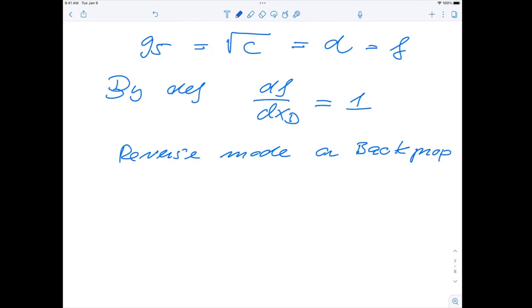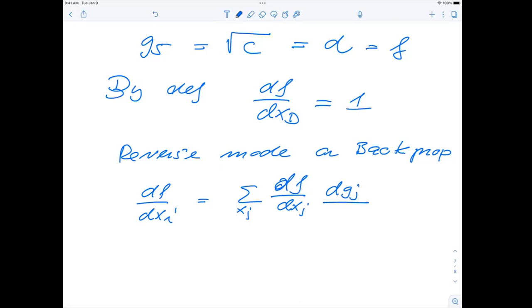is given by df over dx of i, which is simply a sum over all these x_j's which we have, the different outputs, df over dx_j times dg_j, sorry, over dx of i.